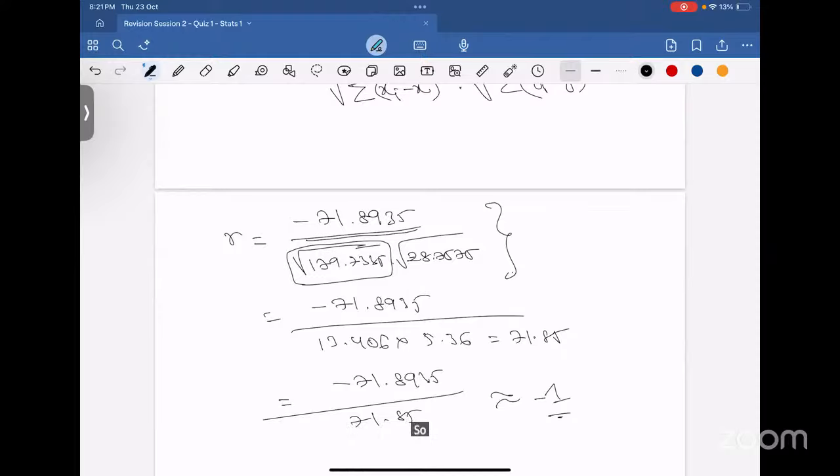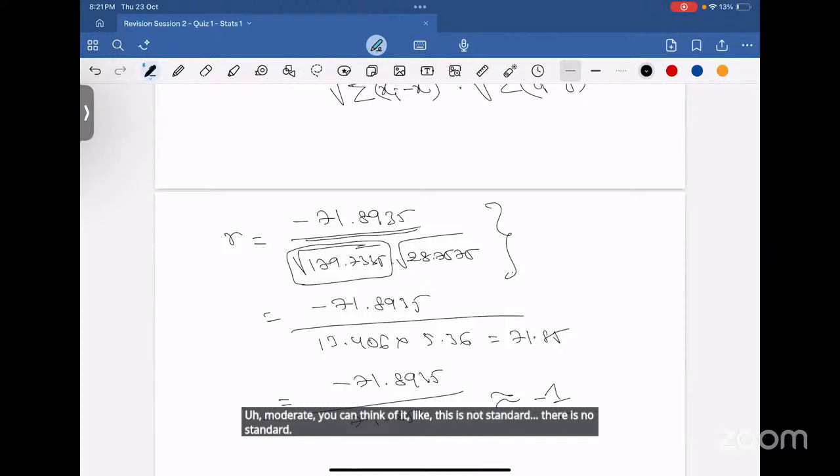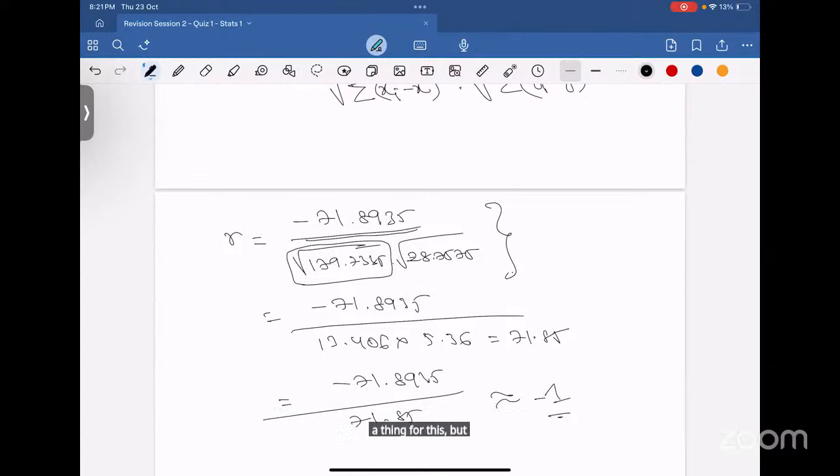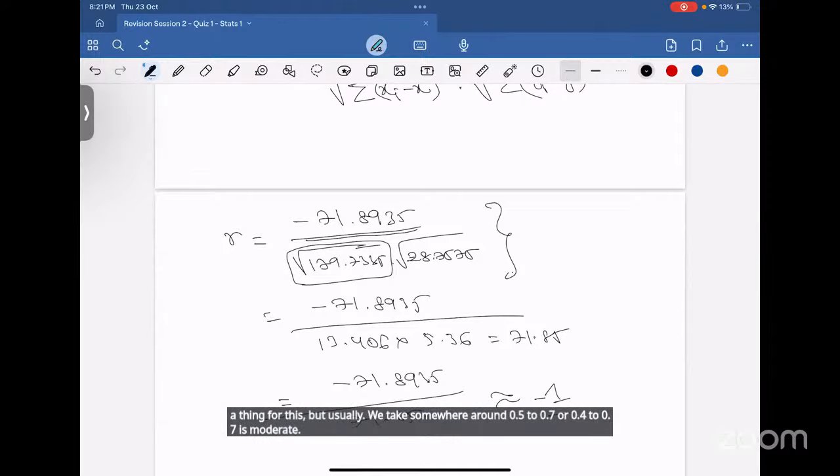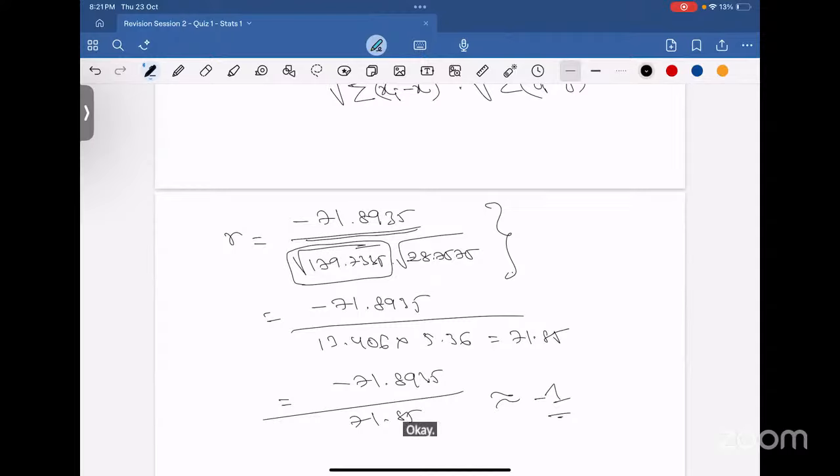Moderate has no standard range, but usually we take somewhere around 0.5 to 0.7 or 0.4 to 0.7 as moderate. It is just the sense that we use.